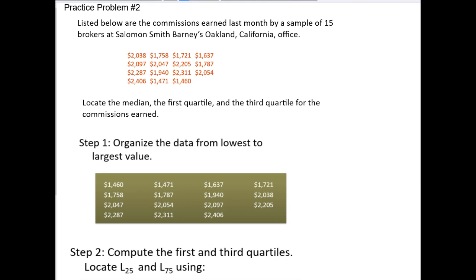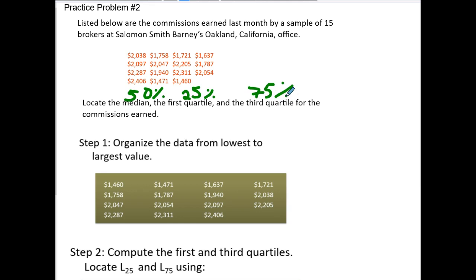So I want to clarify that the median is at the 50th percentile, the first quartile is at the 25th percentile, and the third quartile is at the 75th percentile.